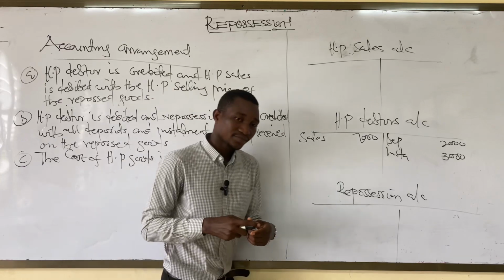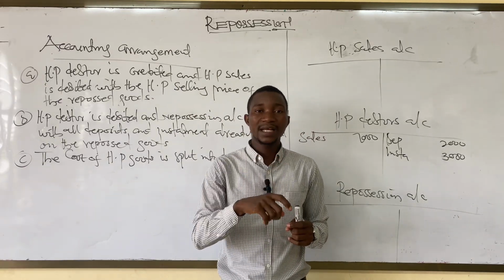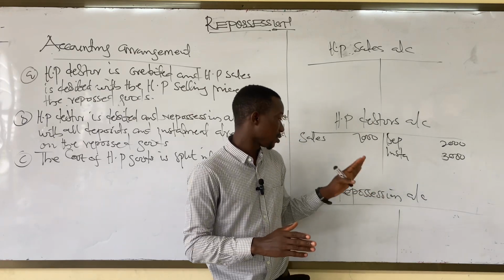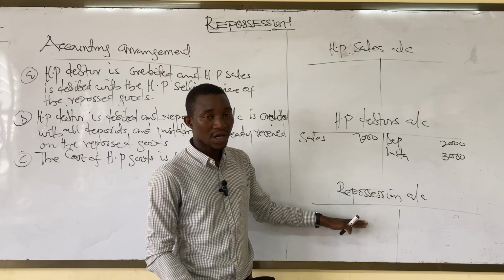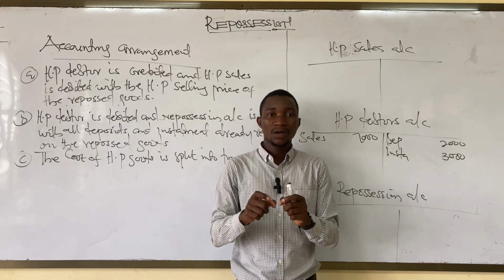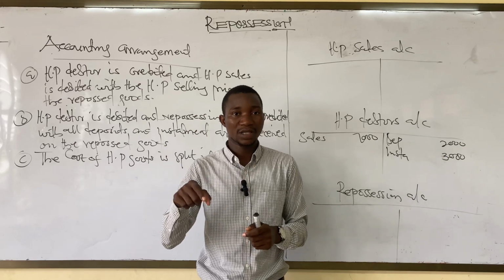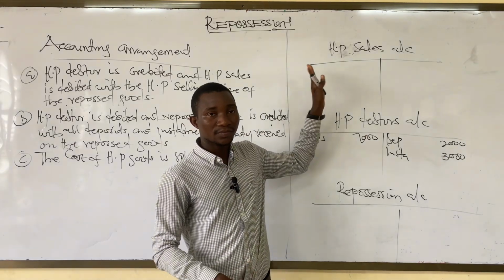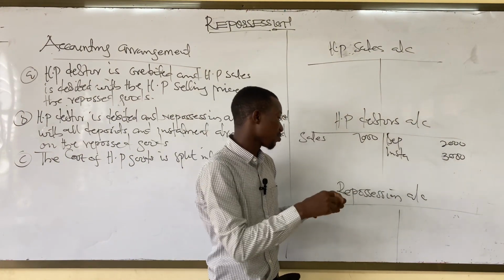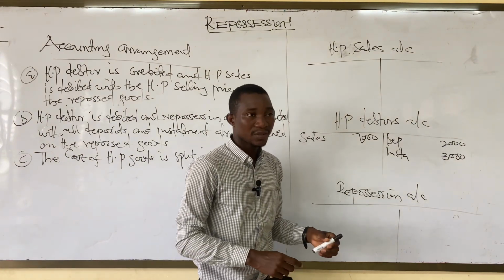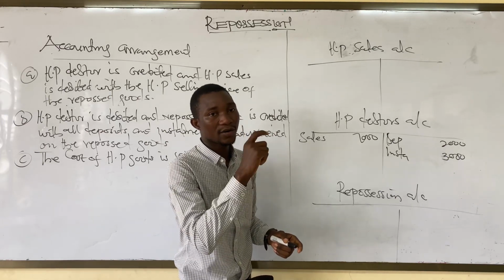This means that the portion of the cost that relates to the repossession account should be debited to repossession account. Is that okay? And a portion of the cost that relates to items that are still under hire purchase contract should be debited to a hire purchase trading account. Is that okay? The hire purchase trading account and the repossession account, they all perform the same function. We prepare these two accounts to ascertain a gross profit.